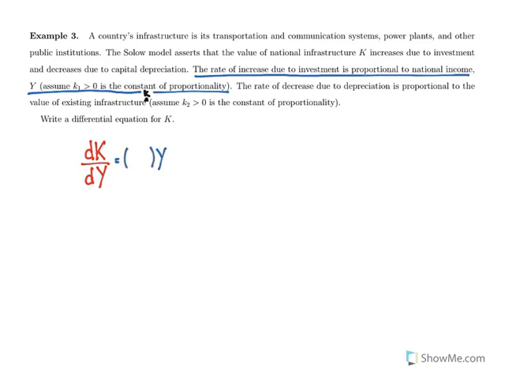We're going to multiply something by Y, and that constant we're going to multiply by is K1, whatever that rate is, so K1Y.